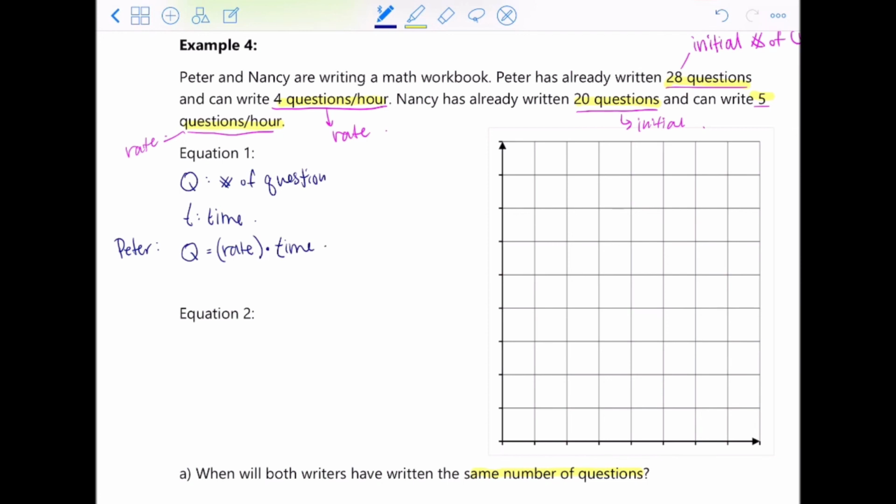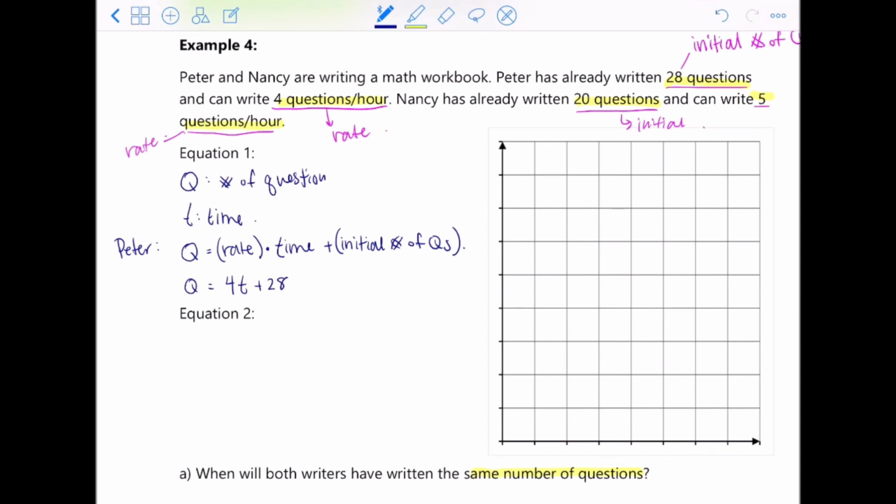And then we're going to have to start with his 28 questions. So initial number of questions, initial number of Qs right here. All right, so this ends up being Q equals 4T plus 28. And this is an equation for Peter.